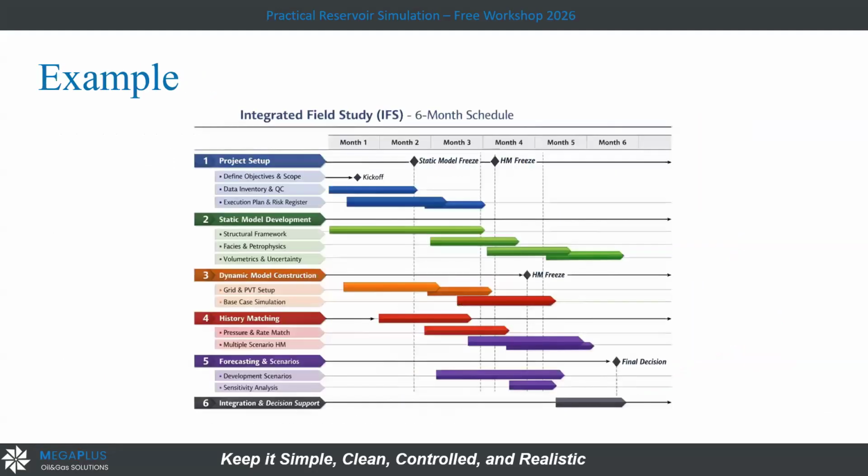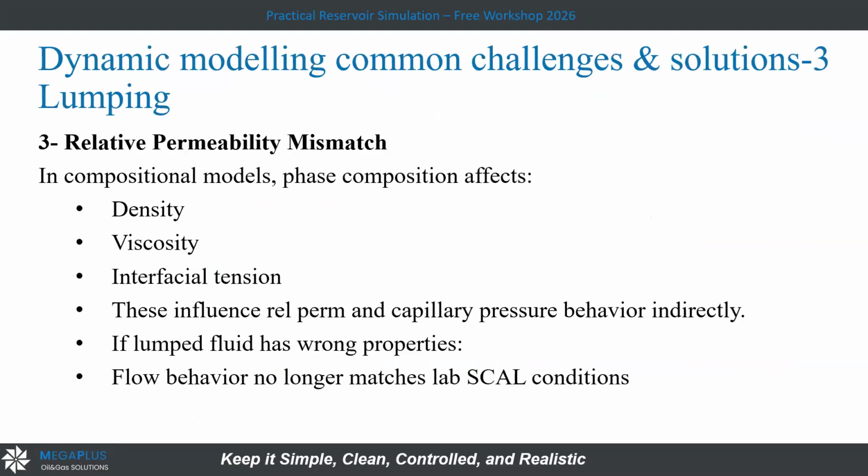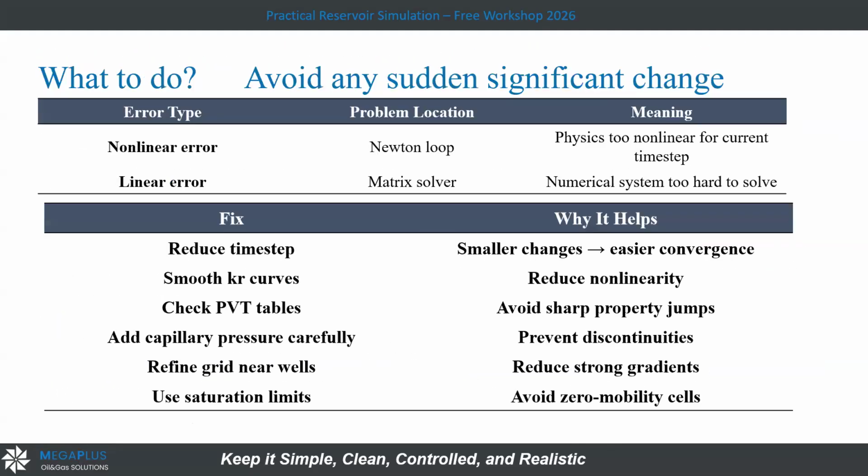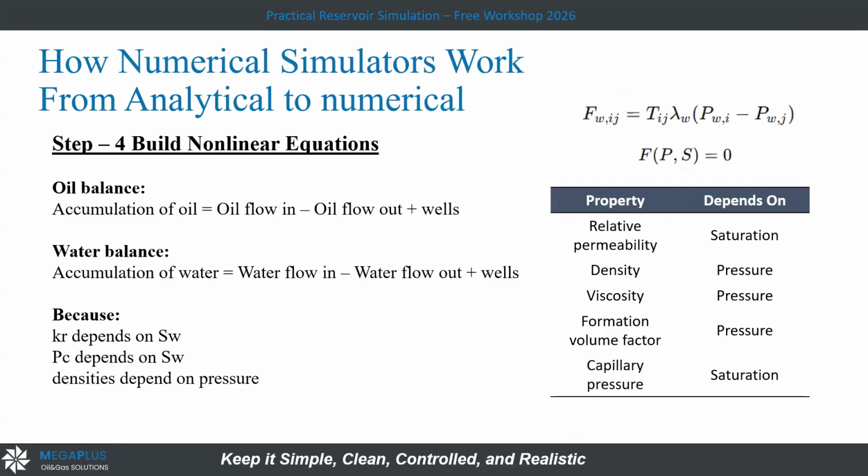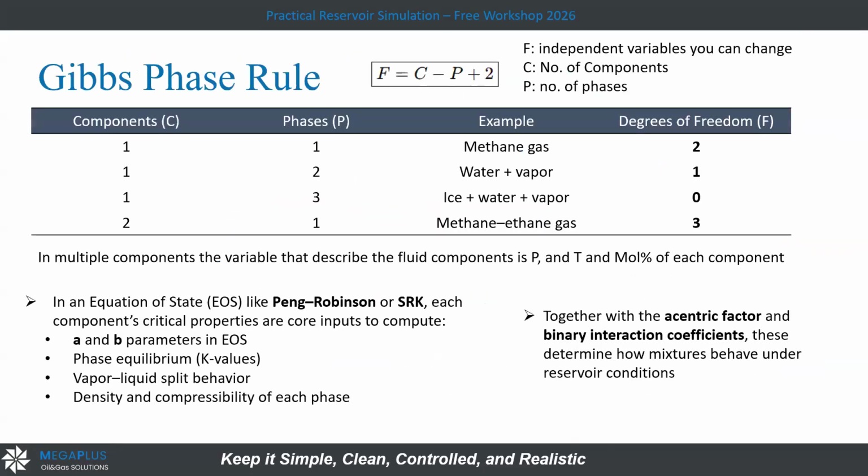Okay, it's a question that needs a long answer, but I will try to make it brief. In the Gibbs phase rule and degree of freedom, I need to know the number of variables that will express the components.